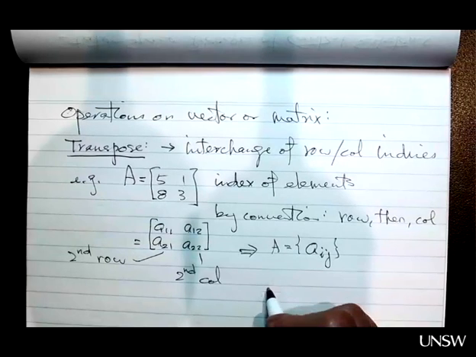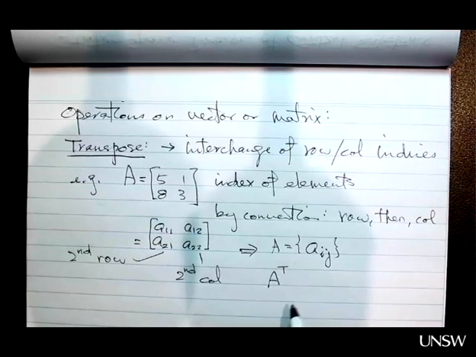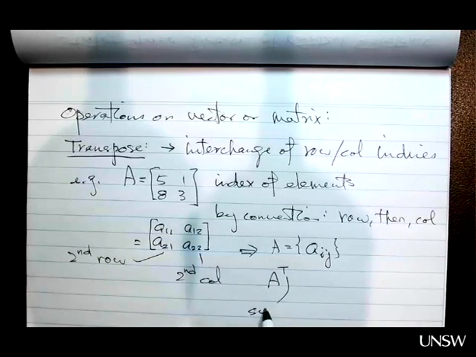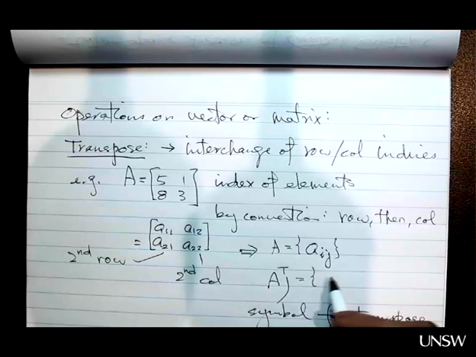And then the A transpose. Okay, this is the symbol for transpose. So it is an exchange of index. It becomes ji.